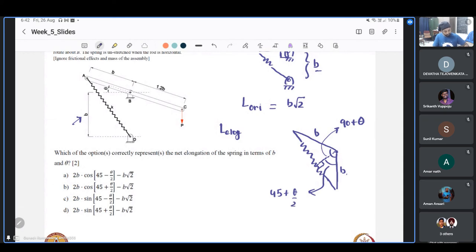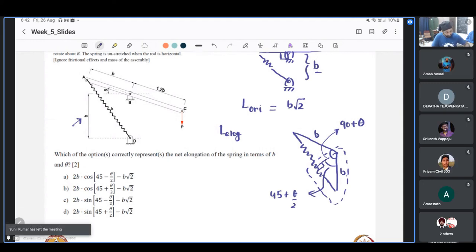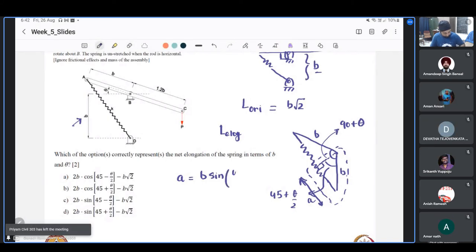Now if I just consider that triangle, I'm able to see what this length is. Let this length be A. So I'm able to say that A is nothing but B sine of 45 plus theta by 2.